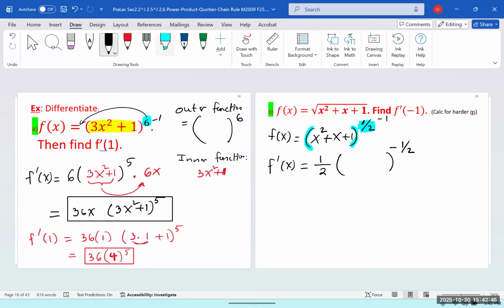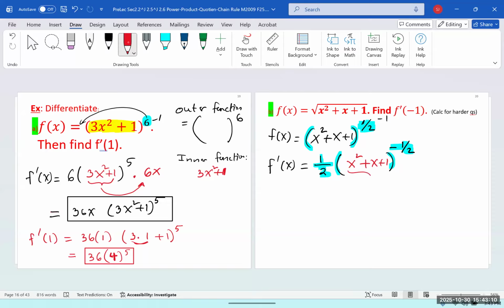So that's the derivative for the outer part. So if you change the outer part, you cannot change the inner part, x squared plus x plus 1. It has to stay the same because a derivative doesn't have enough power to change two things at a time. It changes only one thing at a time.